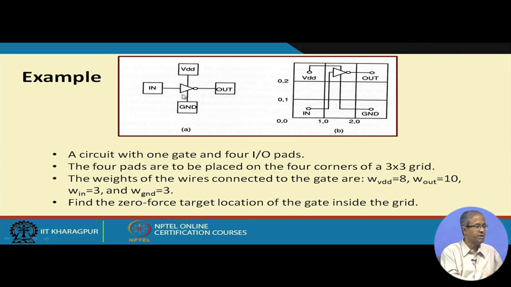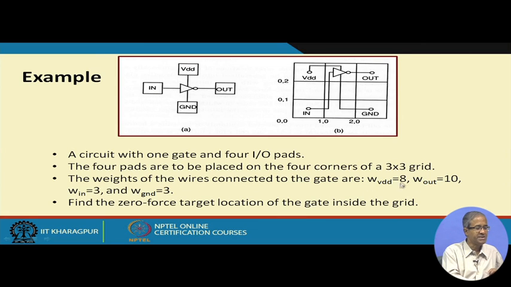Now, our problem is to find out the best location to place this inverter, this gate. So, there are 1, 2, 3, 4, 5 locations available. Out of these 5 locations, which is the best location to place this gate? What is available is that the weights of the wires are given.